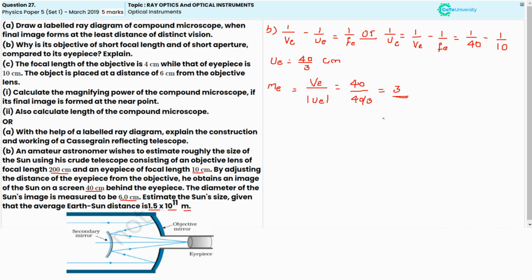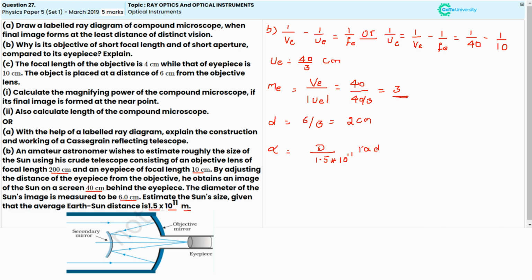And the diameter of the image formed by the objective is 6 divided by 3, that is equal to 2 centimeter. Let D be the diameter of the sun, then the angle subtended by it on the objective will be alpha, that is equal to D divided by 1.5 into 10 to the power of 11 radians.